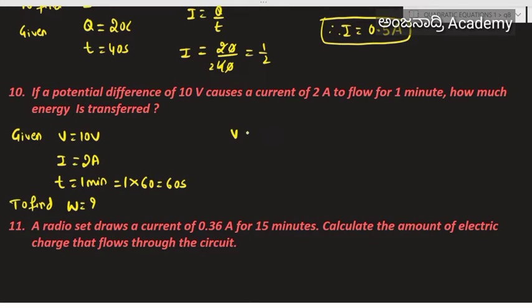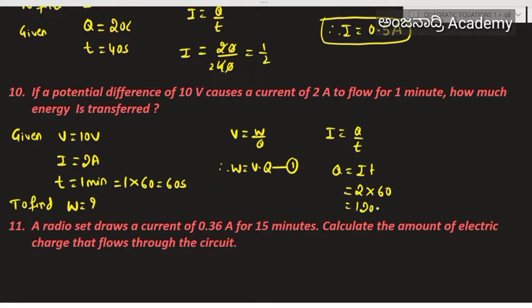We know that V is equal to W by Q, therefore W is equal to V into Q. V is given, Q is not given, but to find Q I can use I is equal to Q by T. Q is equal to I into T. I is equal to 2 ampere and time is 60 seconds, that is 120 coulomb is the charge.